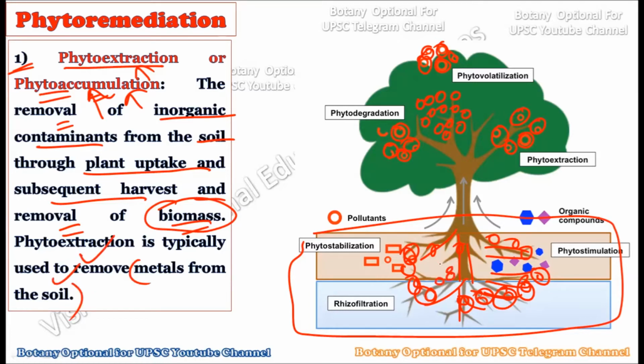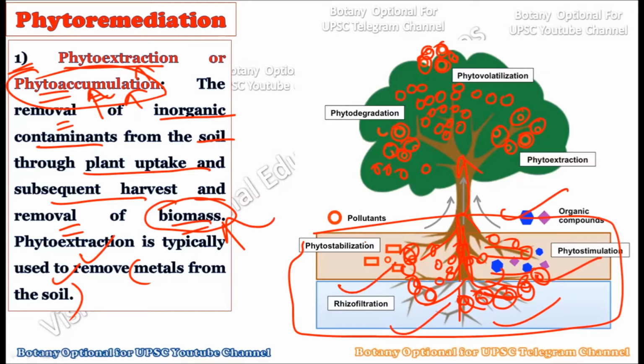For example, here are many metals, and metals are absorbed by the roots, and these roots will transport these metals into the plant body, and in the biomass of the plant body they will get accumulated. Hence we are using the term phytoaccumulation. And now we will literally take out the whole biomass of this plant, and hence this particular area will get cleaned, okay. So this particular process which we typically use for the extraction of metals from the soil is called phytoextraction or phytoaccumulation.